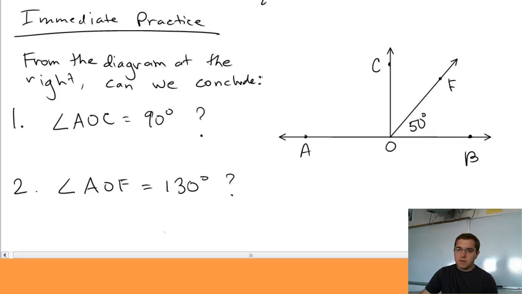And O is the vertex of all of these angles. So from the diagram at the right, can we conclude, number one, that angle AOC equals 90 degrees? Just write yes or no. And number two, angle AOF equals 130 degrees. Just write yes or no. That is the end of section 1.4.